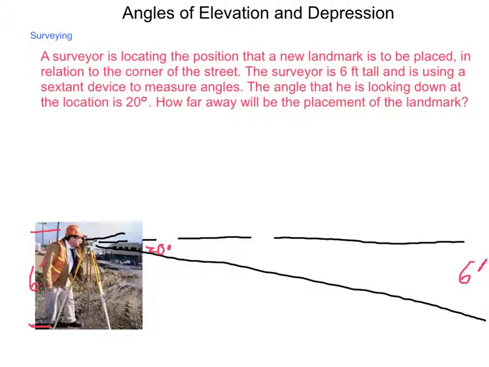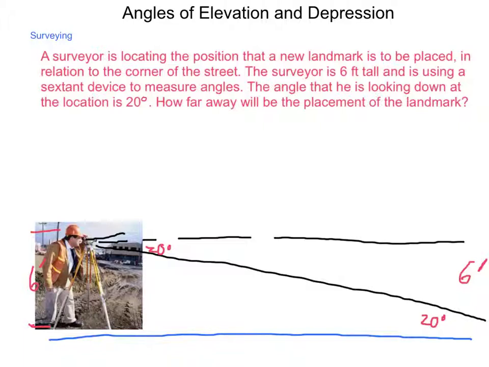And then we can use our trig ratios to find that distance. This angle here will be 20 degrees, and what we're basically looking for is how far this distance is in relation to that.